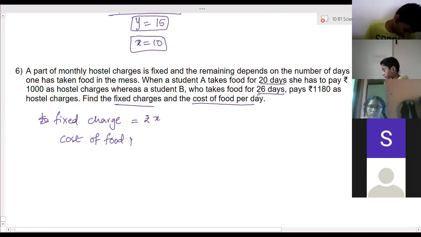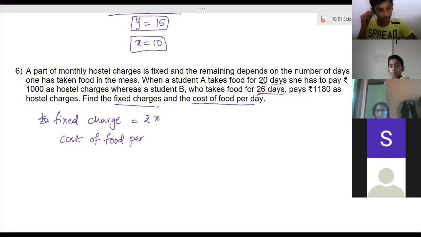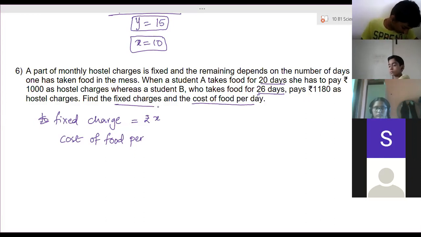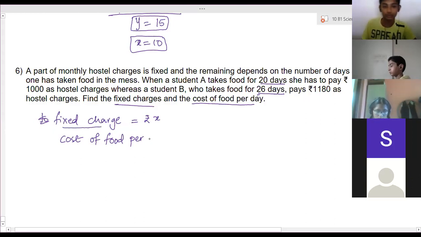So whatever the number of days they stay in a month, they have to pay it. It is not 2000 here, suppose 500 rupees. Even if a person stays one day, he has to pay that fixed charge of, suppose, 500.